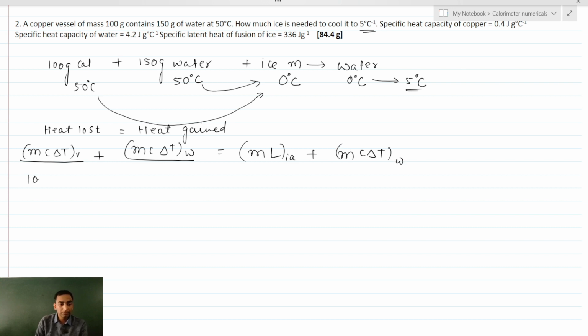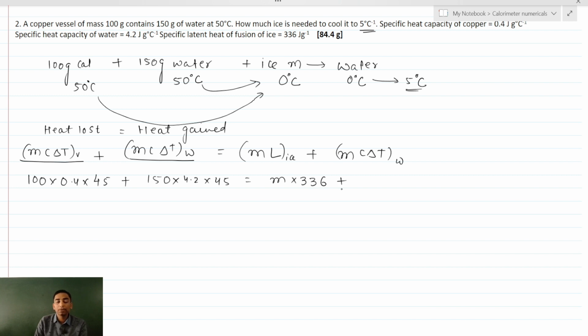This is 100 grams into the calorimeter's specific heat, 0.4, and delta T is from 50 to 5. As I said, you have to take higher temperature minus lower, so it is 45, plus again 150, 4.2 into again 45, m times 336.